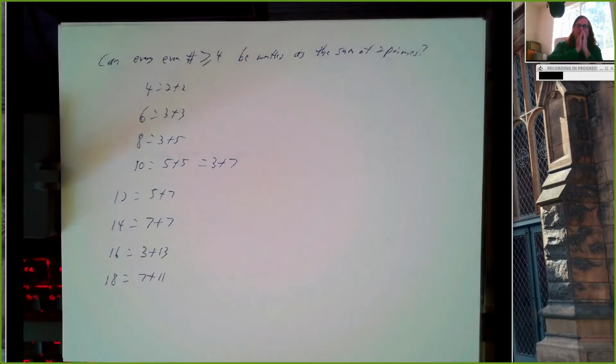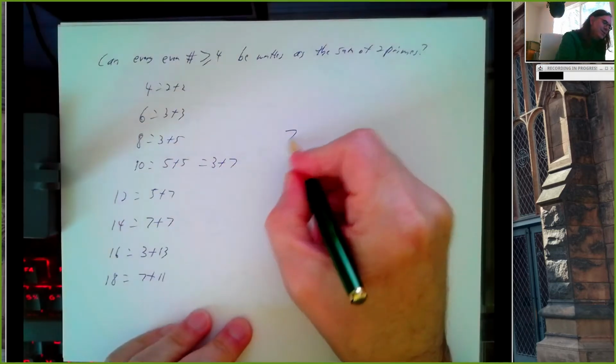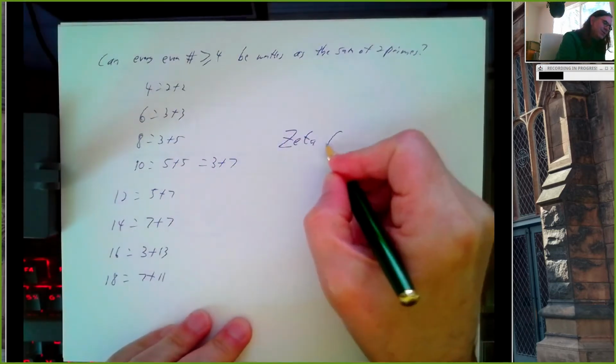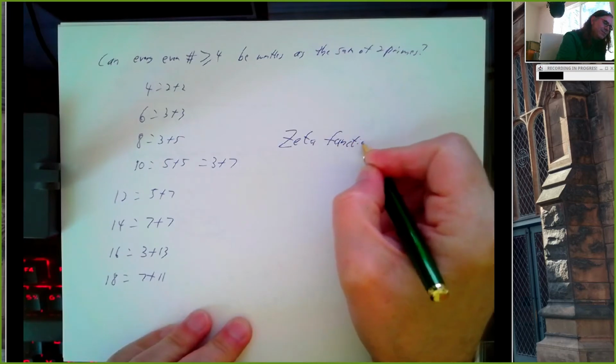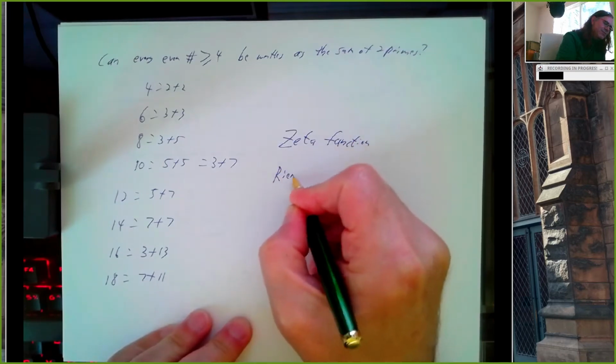And I can't explain how rich these questions are, but if you really want to lose yourself in some reading, take a look at the zeta function and something called the Riemann hypothesis.